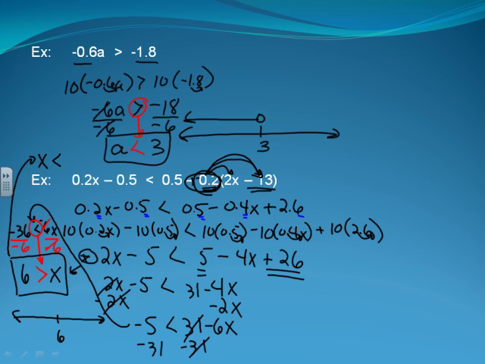In other words, if you flip the x to the left-hand side, then the inequality arrow also has to flip. If this makes more sense to you, x is less than 6, then you're interested in numbers smaller than 6, which extends to the left. It's less than, not less than or equal to, so we need an open dot, and we've got x is less than 6, not equal to 6.